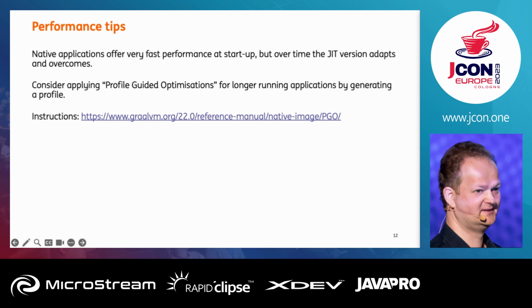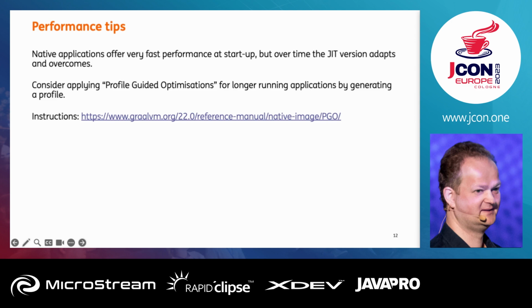One thing that you do have to be aware of is that the performance is great at first. Once you start it up, it's lightning fast. It does start responding much faster. It can handle much more load before it starts bogging down. But if you compare it to the JVM solution, over time that will catch up and perform better.